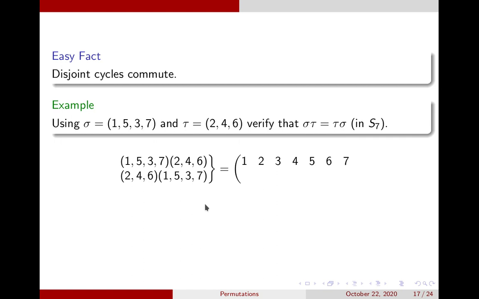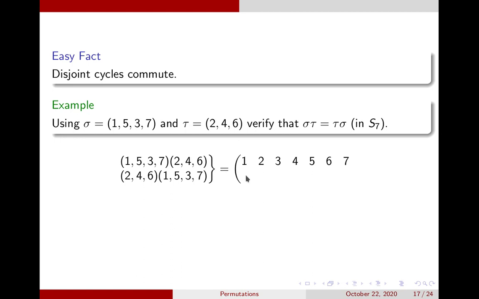I'm going to write the answer in matrix notation, and we will first look at what you get underneath the number 1 when you multiply the two cycles. Starting with the top multiplication, the rightmost cycle sends 1 to 1 because 1 does not appear here, and the leftmost cycle sends 1 to 5.